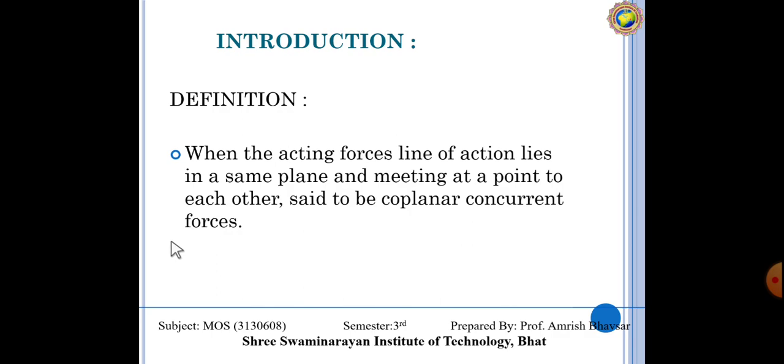But first we have to understand the force. When we apply external effort to any particular body, and that body moves, that is called force.